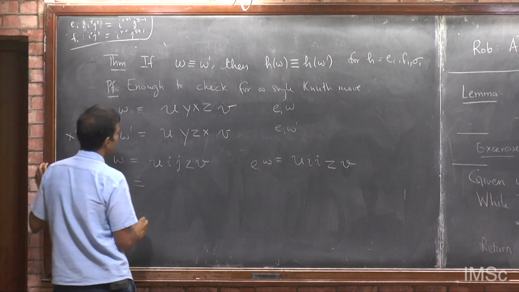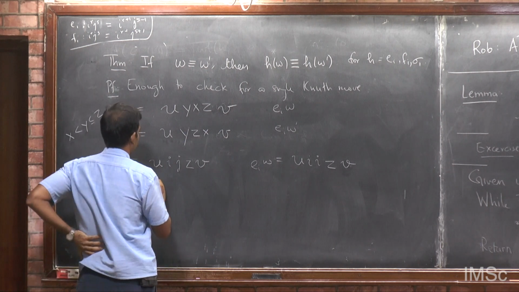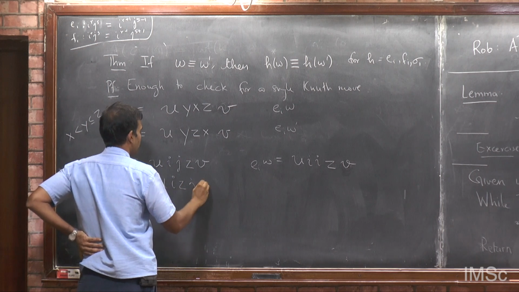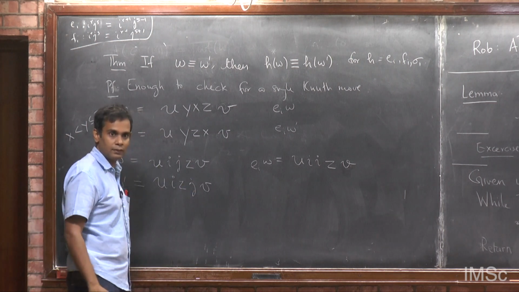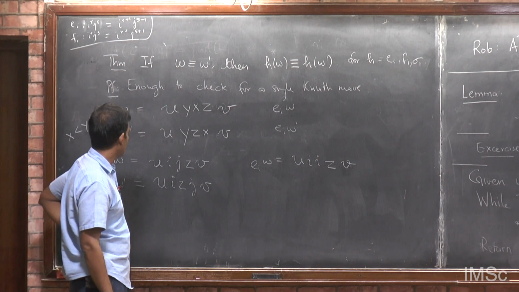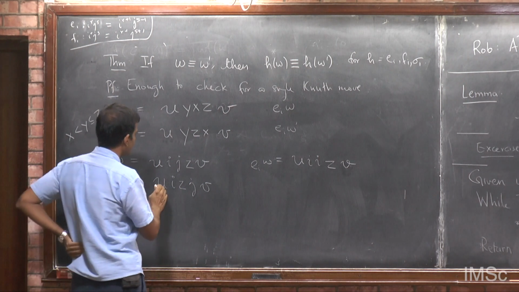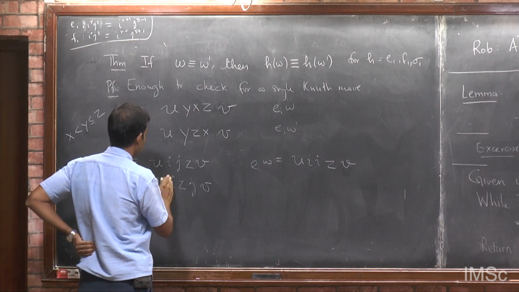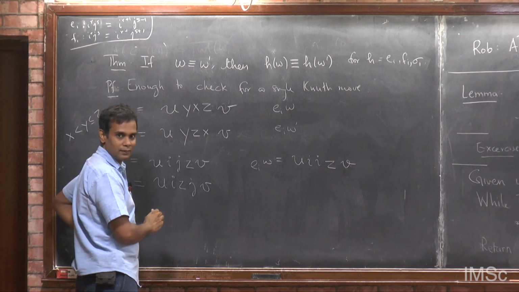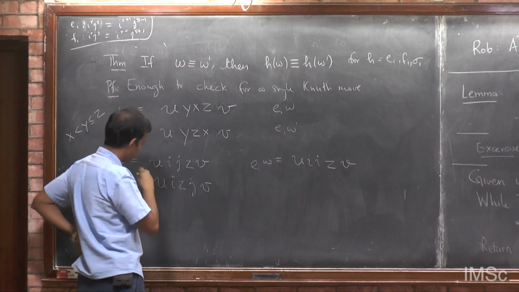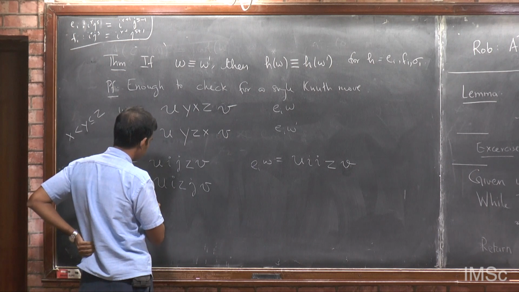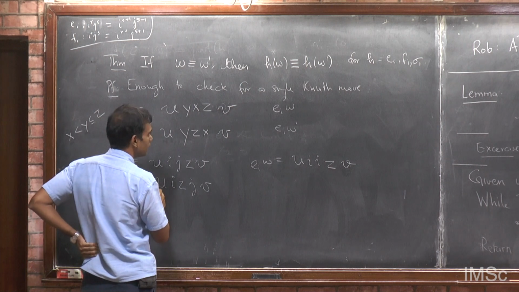W prime is u I z j v. Oh, okay, I should take j I z. If it is j I, then it doesn't matter. So I can't take this.